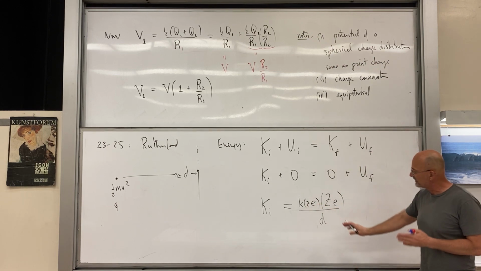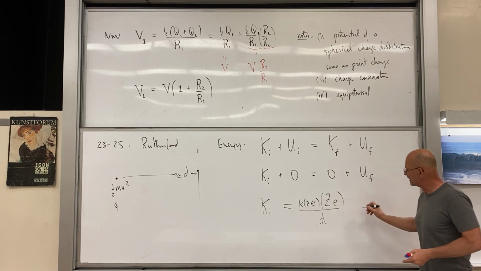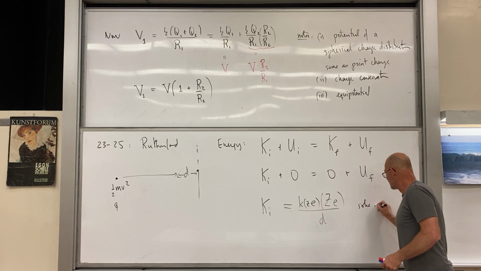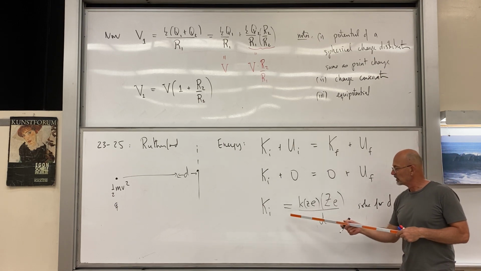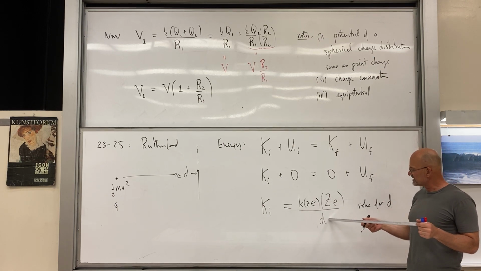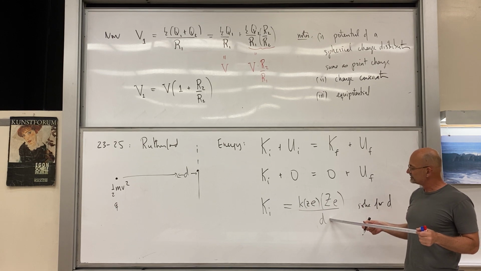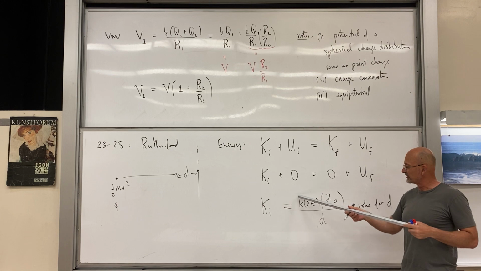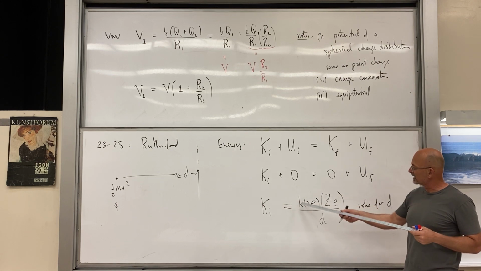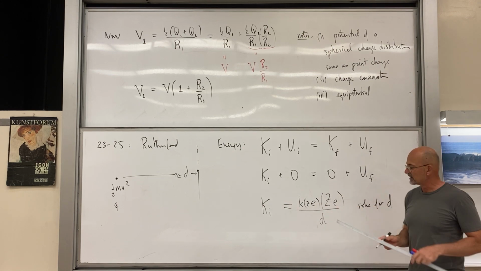So principally, this is the problem. Solve for d. Now, if you have to go back and forth between units, d is you want to end up in meters. Here they're giving us mega electron volts. We have the Coulomb constant, so it can take a bit to work around the numbers.